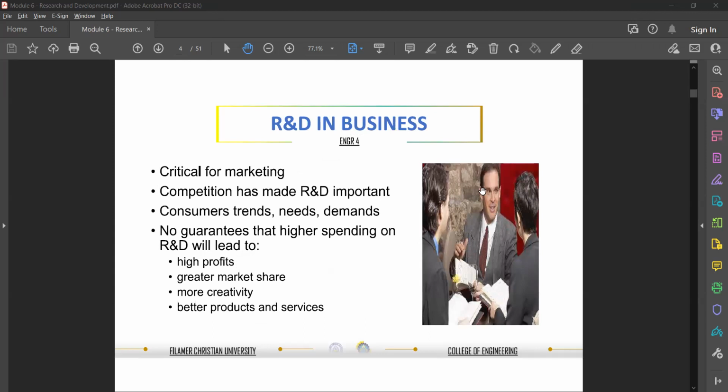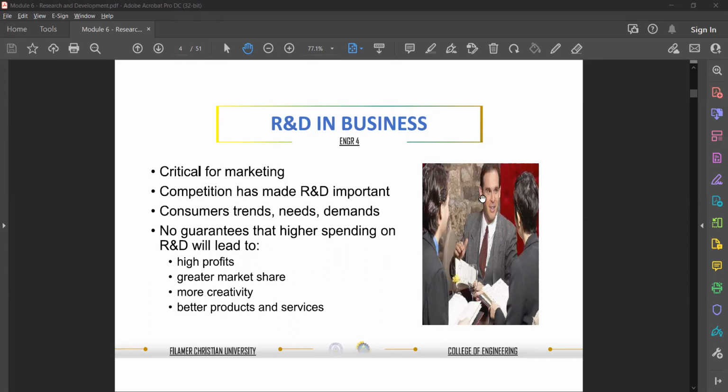So in business, R&D is critical for marketing. Meron silang tinatawag na market research, di ba? Kung sino yung mga target consumers nila, kung sino yung target na mga investors nila. So competition has made R&D important, of course, kasi hindi lang naman sila yung supplier, di ba?